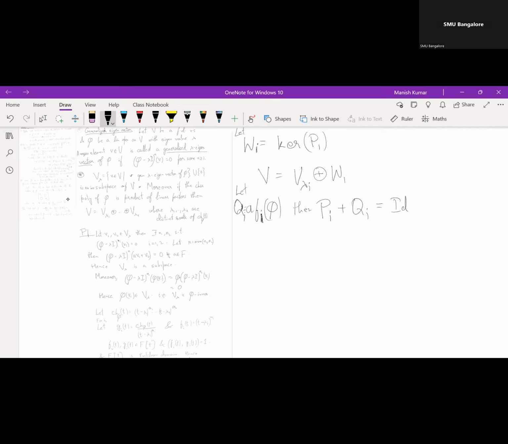Yeah. So that is why, what you get is that this W, the point is you can check that W is in the image of, yeah, so let's say something which lies in, so basically Q_i is identity minus P_i, yeah.